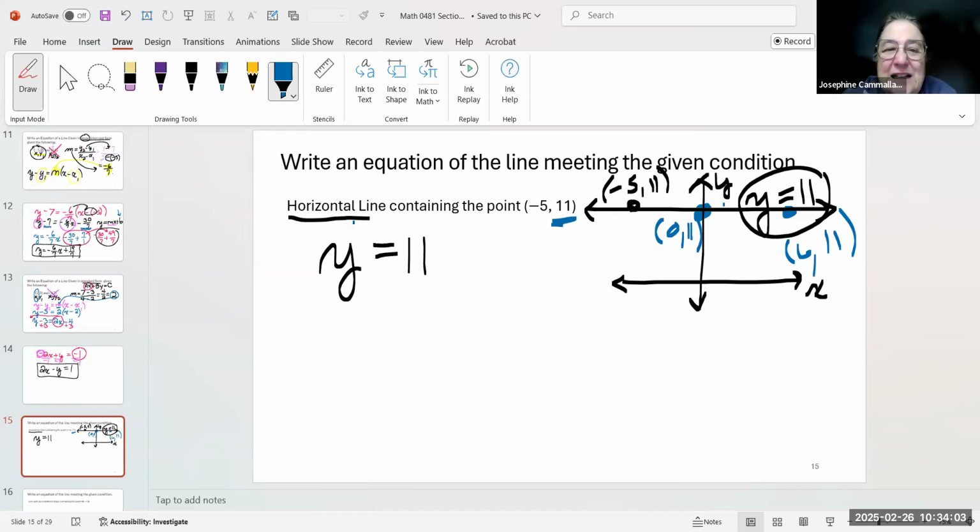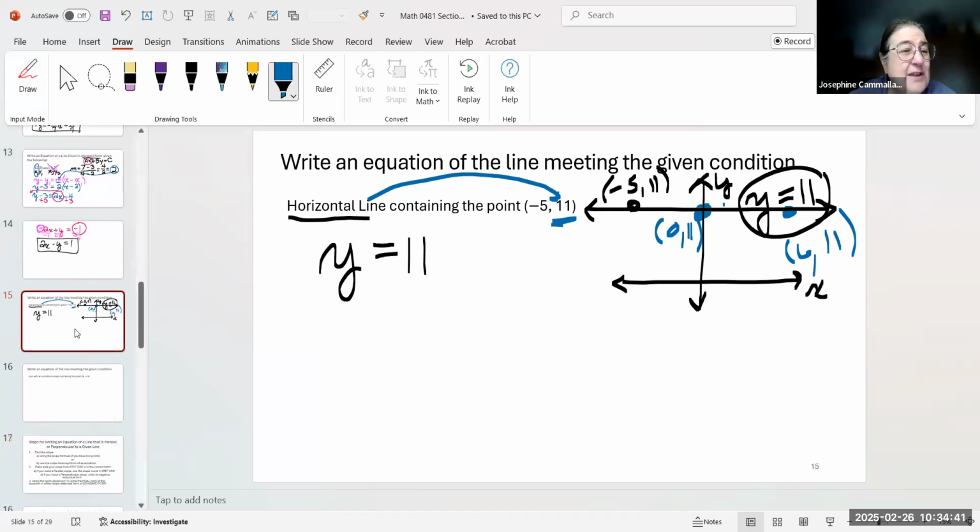I'm not writing 0x here. This is one I have to know, a horizontal line. Just look for the y value, whatever it is. Now, some people memorize it, or, as I said, we draw a picture. But hopefully my picture makes it easier to remember that a horizontal line is y is equal to whatever y value you have in the ordered pair.